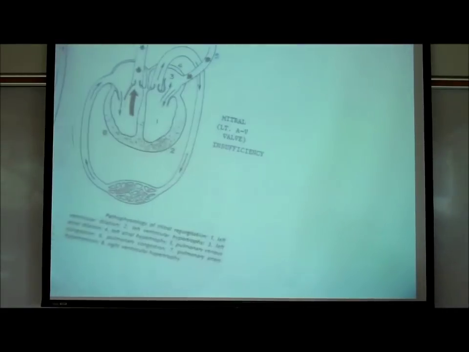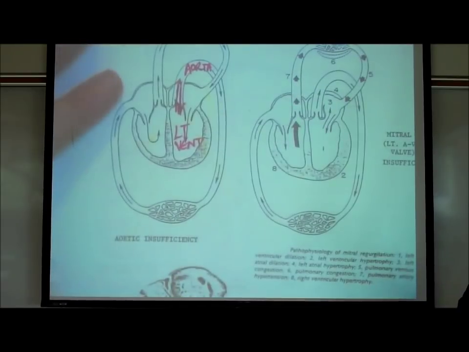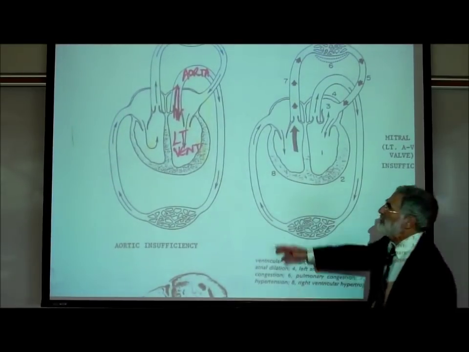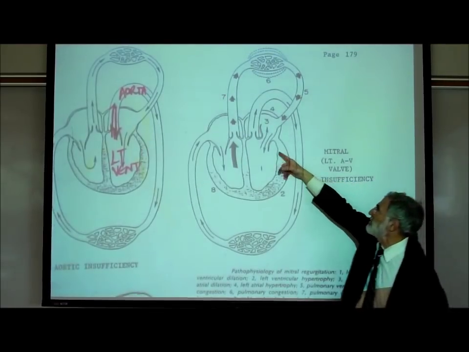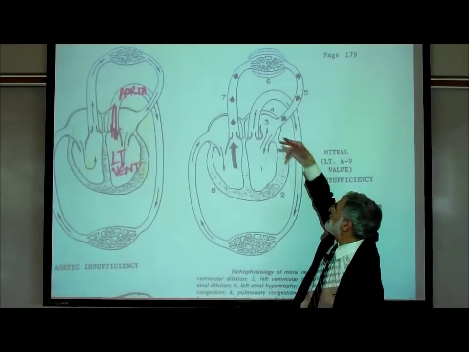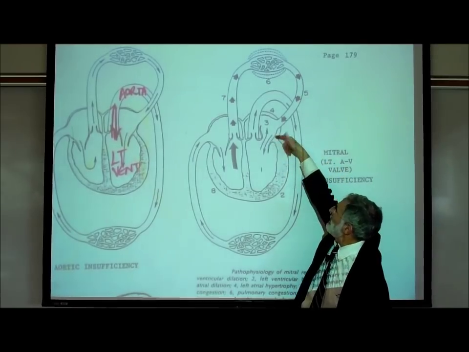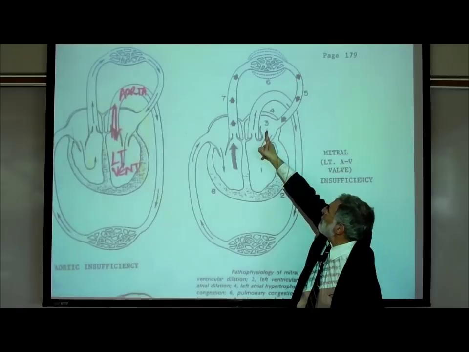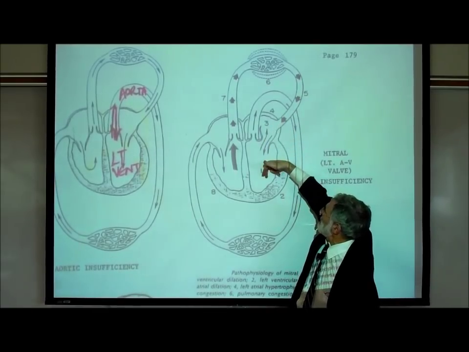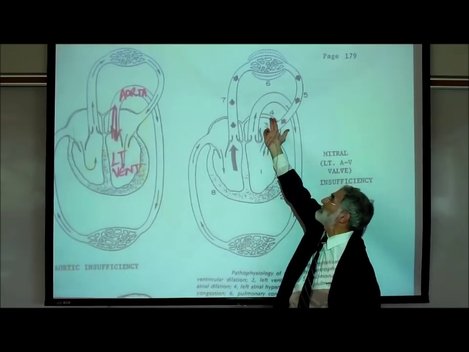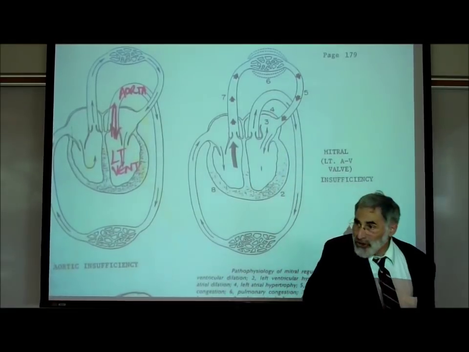On the next page, it just shows pictures depicting insufficient valves. The way they've depicted insufficient valves is they show that in this case, here's an insufficient left AV valve or mitral valve. Notice it shows arrows going in both directions, meaning the blood goes from the left atrium into the left ventricle and then it regurgitates backwards because the valve doesn't shut all the way.